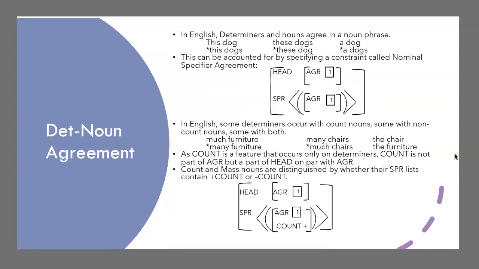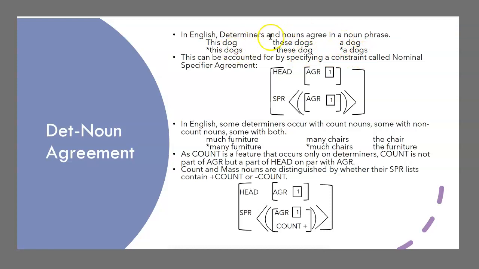Now let's look at determiner noun agreement. It's on similar lines actually, but let's look at it in detail. In English, determiners and nouns agree, we all know that. This dog, these dogs, and our dog. But this dogs is ungrammatical, and these dog is ungrammatical, a dogs is ungrammatical, because this is singular, dogs is plural, these is plural, dog is singular, a is singular, dogs is plural.